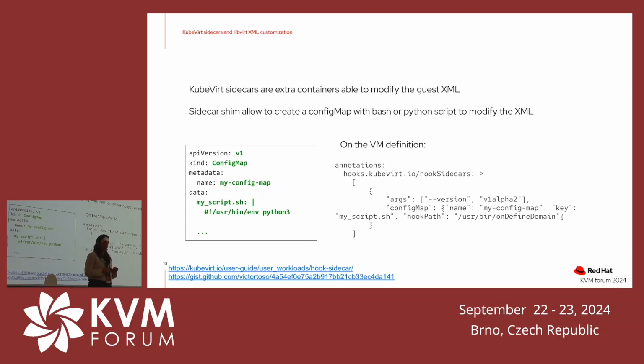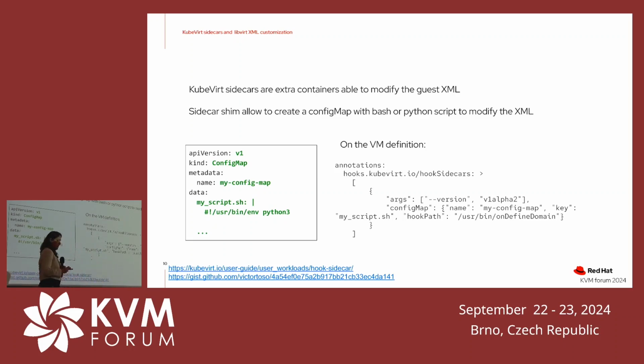But we don't support all the possible options that libvirt offers. So a way that we invented to allow users to customize the domain XML is exactly these sidecar hooks. This is useful, for example, to try a new feature or maybe even for debugging.